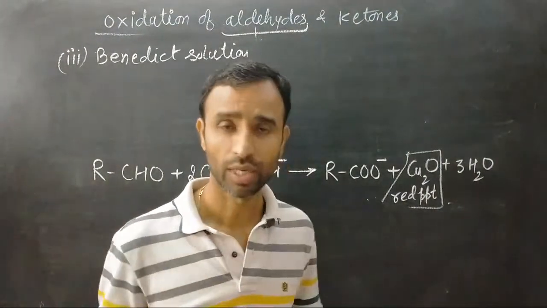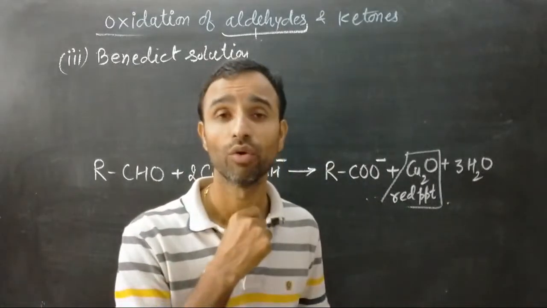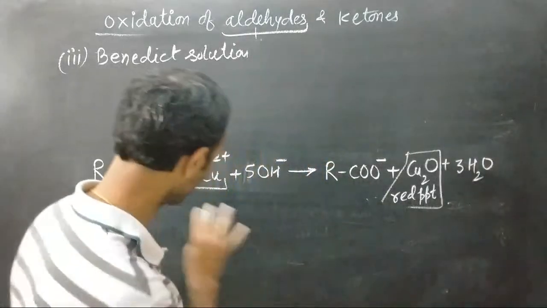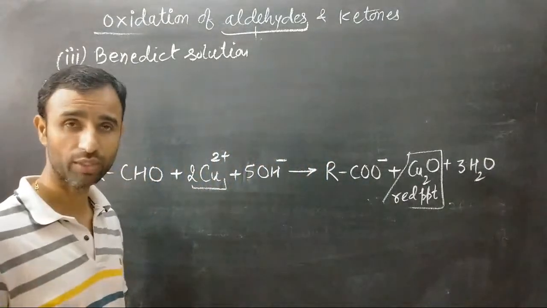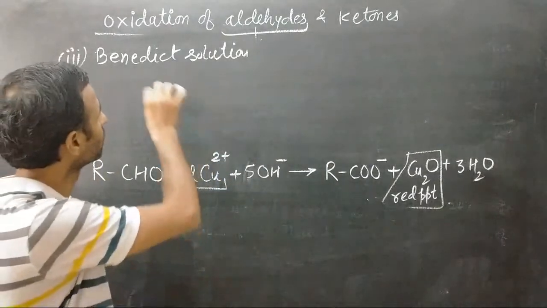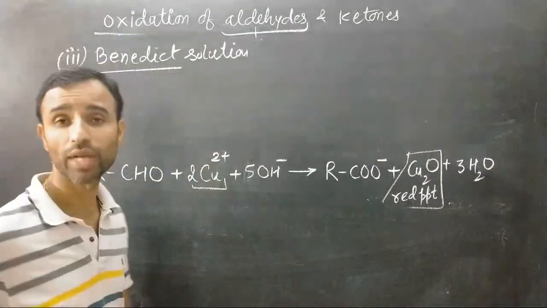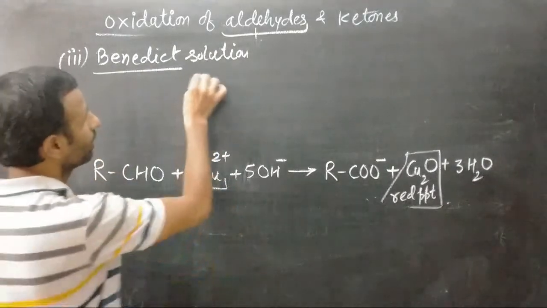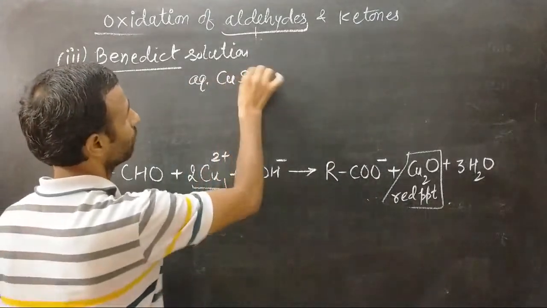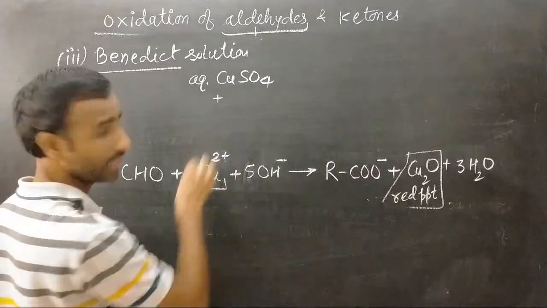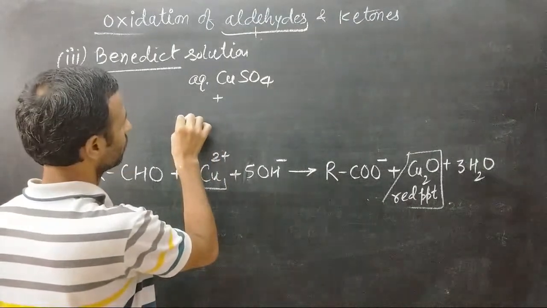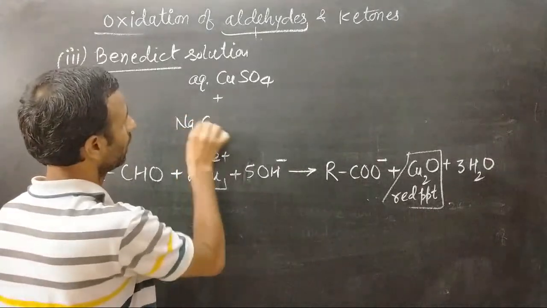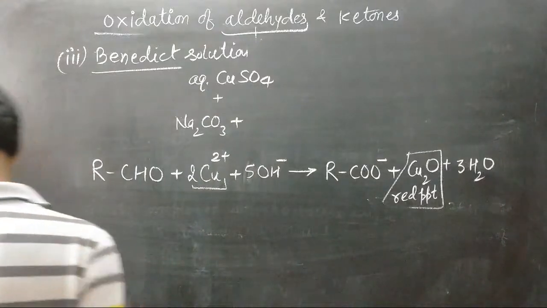Ketones: if aromatic aldehyde will not react, then how can ketone react? So ketones also do not react with Benedict solution or Fehling solution, right? And what is Benedict solution? Again, aqueous copper sulfate, and second solution is sodium carbonate along with sodium citrate.